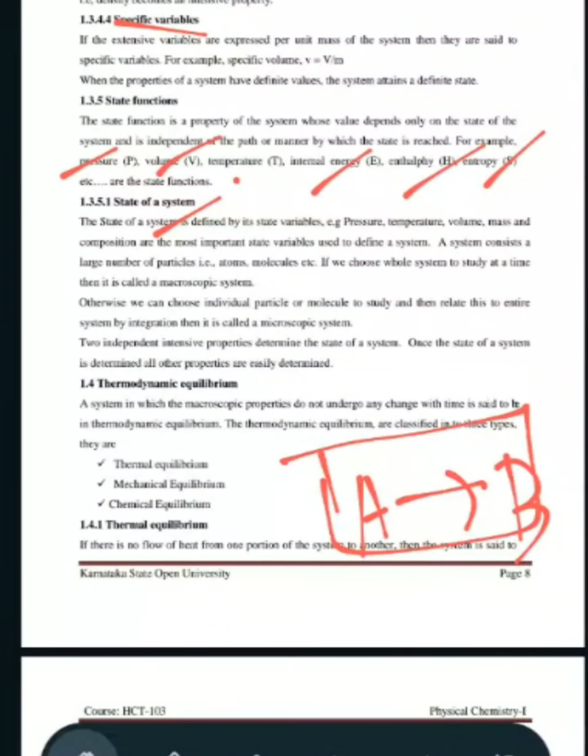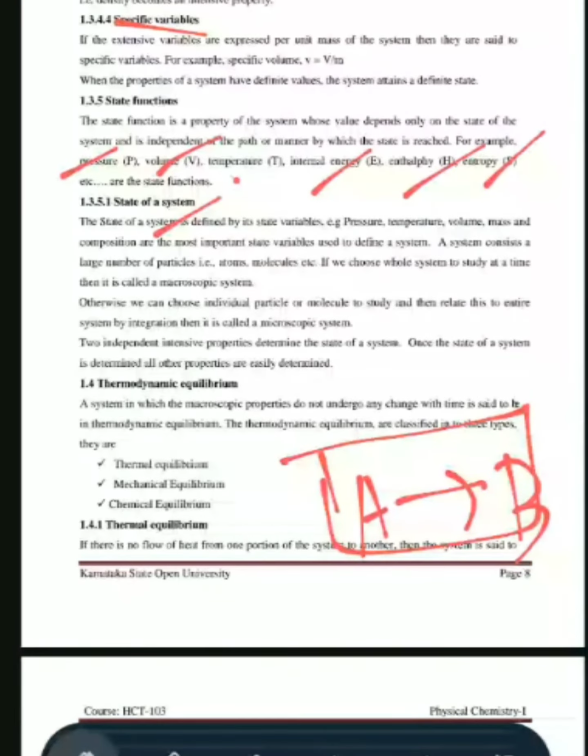Before that, one more important term here is entropy and enthalpy. Entropy is denoted by S, and enthalpy is denoted by H. Entropy is a measure of the amount of disorderness in the system.